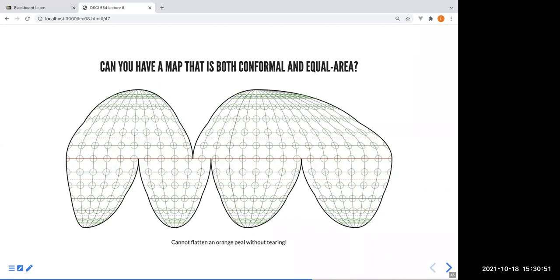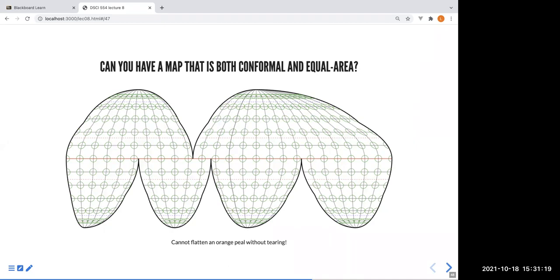So the question is, can you have multiple of these properties preserved together? The answer is no. You can only have one. And the reason is that, again, you need to unfold this 2D surface and put it in a plane. And so something has to give. So here, what we have decided to do is to preserve the shape of the smaller regions.